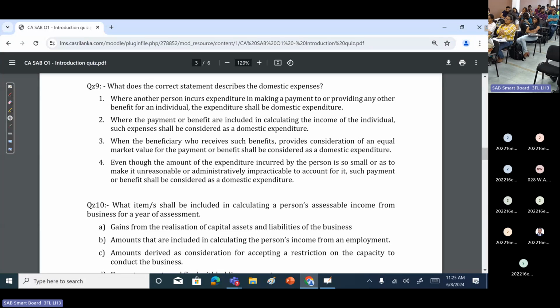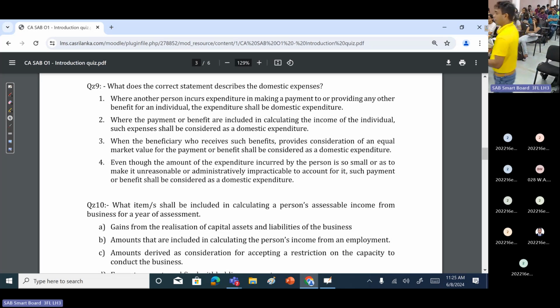Where the beneficiary who receives such benefit provides consideration of an equal market value for the payment or benefit, it shall be considered a domestic expenditure. So the recipient is repaying, just like reimbursement of expenses.